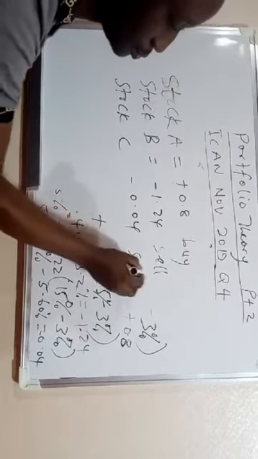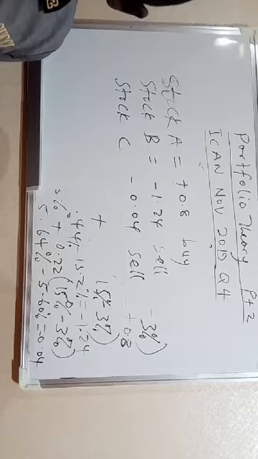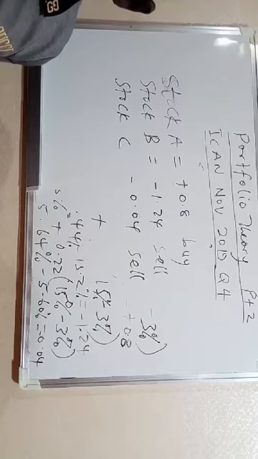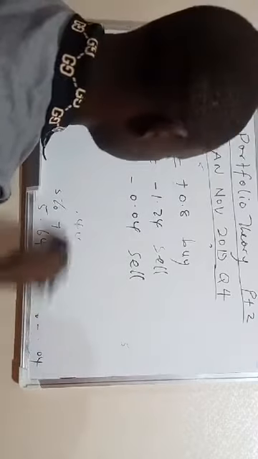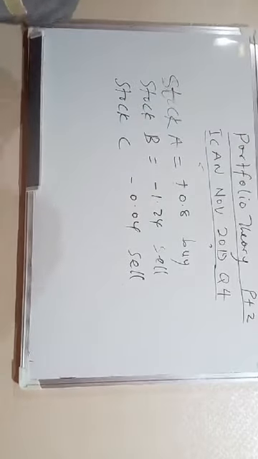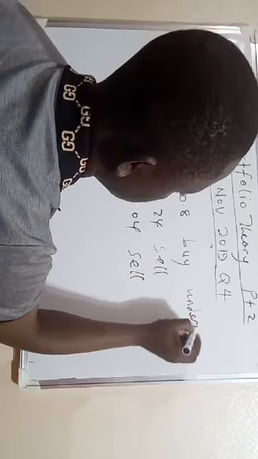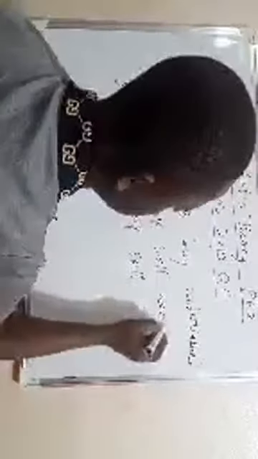Negative, sell. So we sell stock B and C. This is undervalued. This is overvalued.